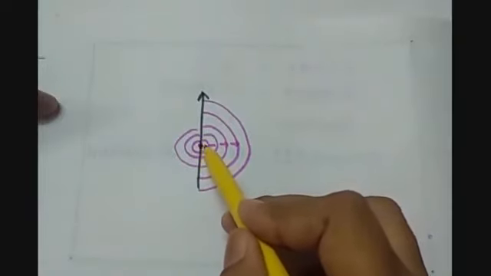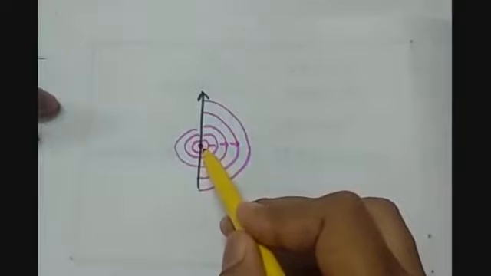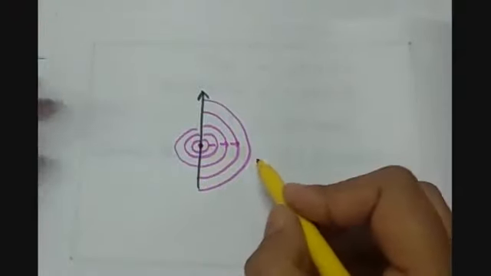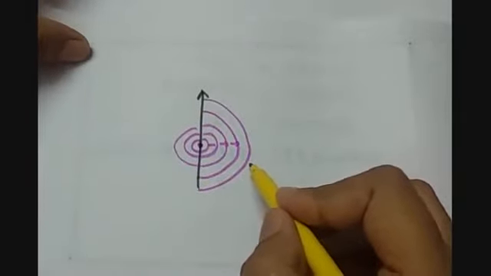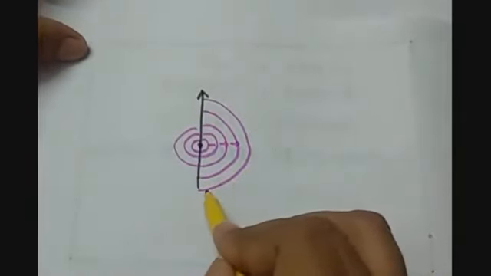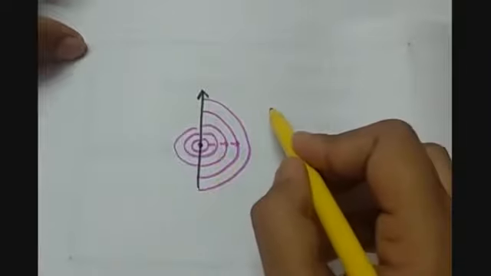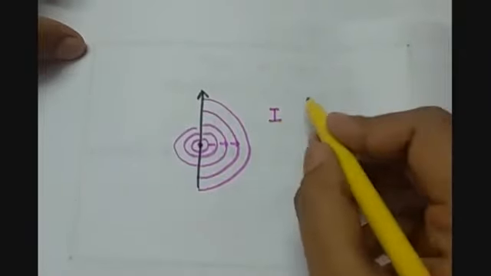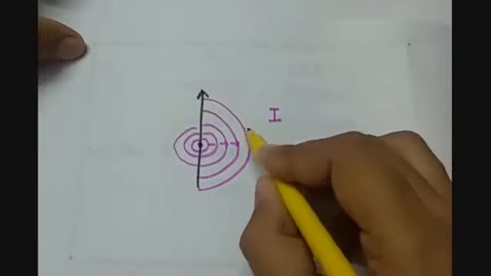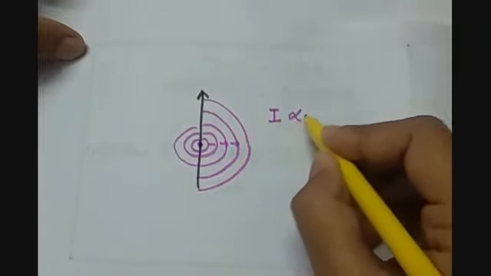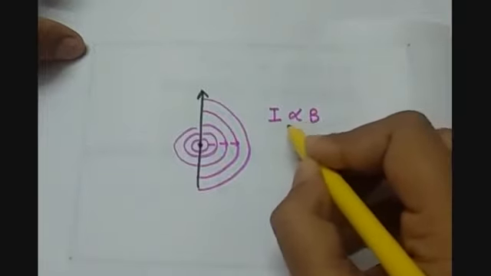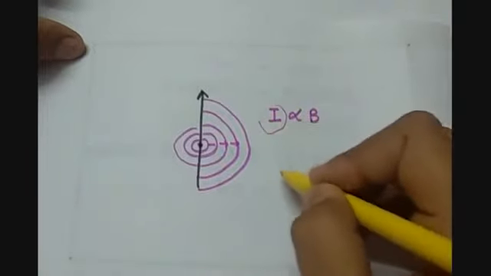We have also studied the effect of current on this: when we increase the amount of current flowing in a straight conductor, the magnetic field strength increases, as current is directly proportional to the magnetic field strength.